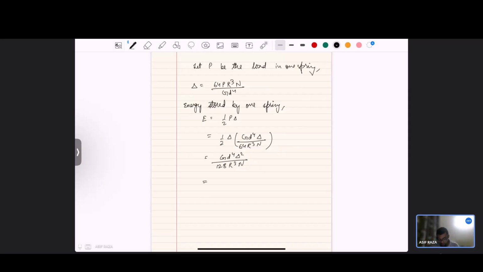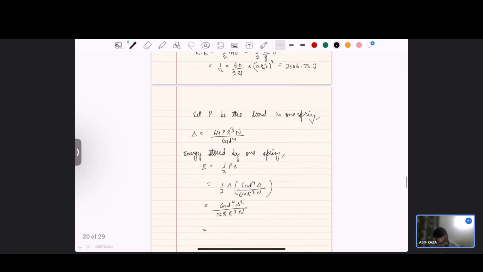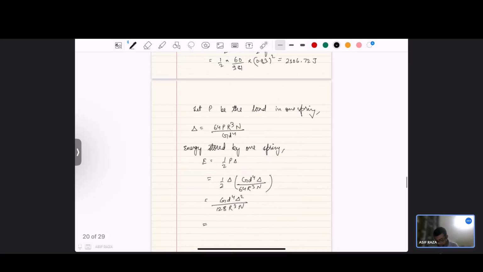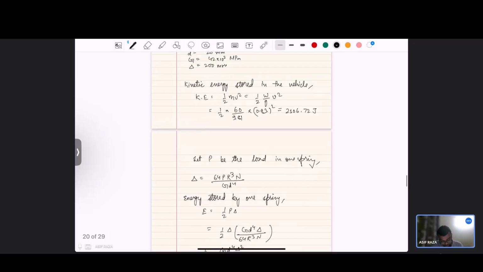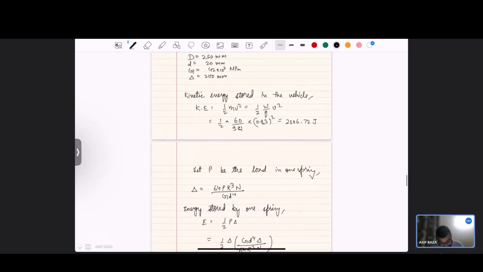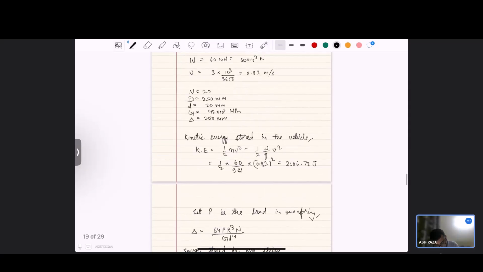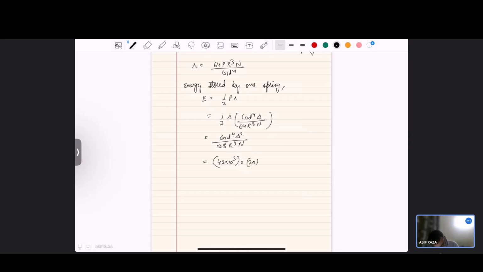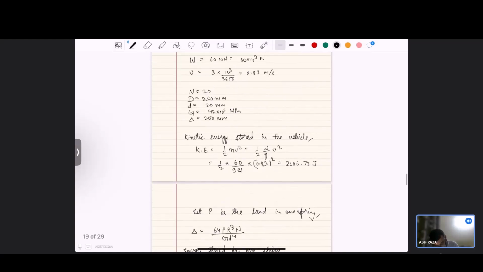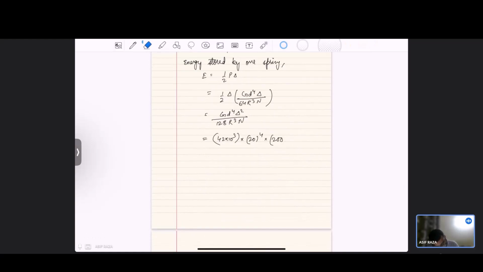Let's calculate this. G is 42, D is 20. Delta is 200, yeah, 200 square. 128.